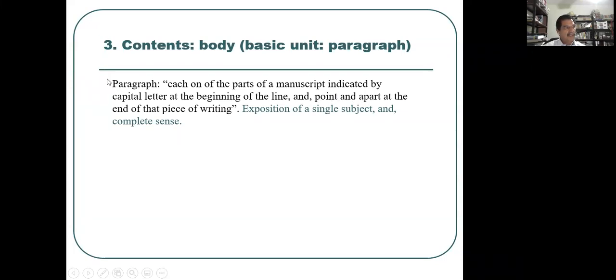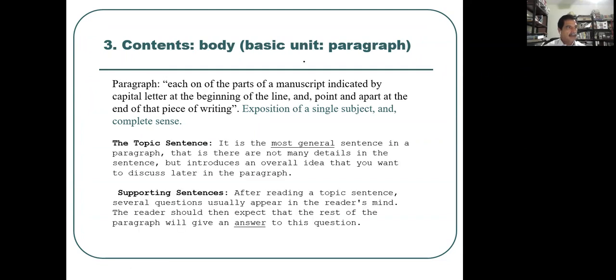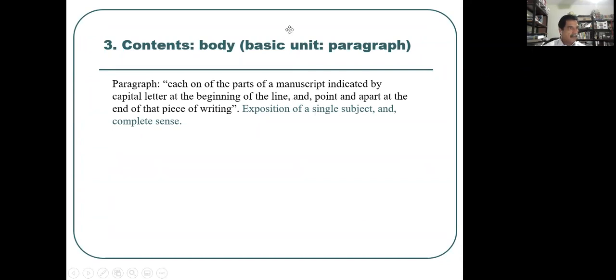For example, here you see that you have a capital letter, and you have a point and a part. So this is a paragraph.